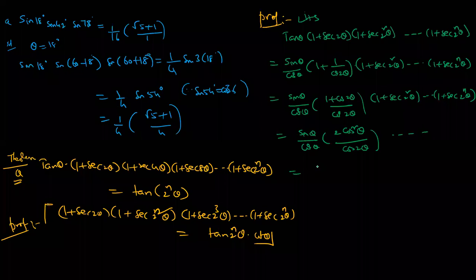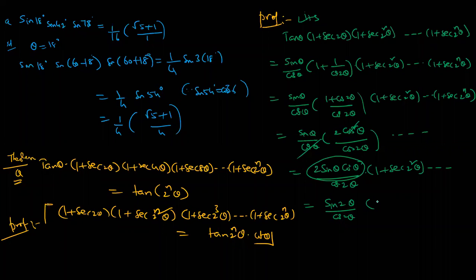Still, what is the remaining? 2 sin theta cos theta by cos 2 theta, into the 2 square theta term as usual. So 2 sin theta cos theta, what is the answer? That is sin 2 theta. Sin by cos, that is tan 2 theta.